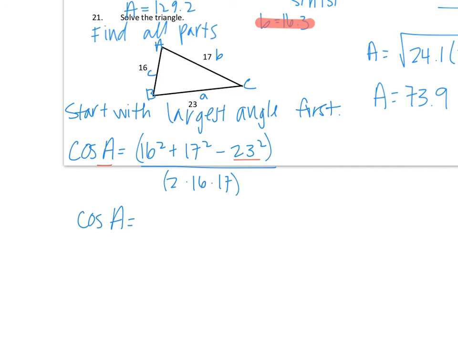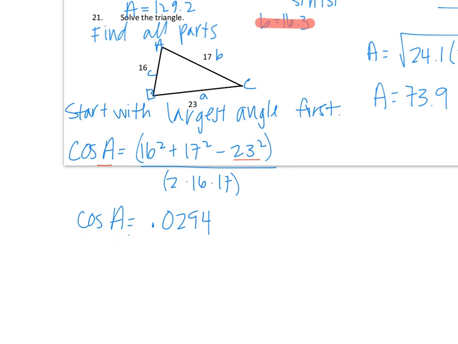All right, 16 squared plus 17 squared minus 23 squared divided by 2 times 16 times 17. And I got 0.029. Remember, if you get a trig function equals a number, we got to go at least 3 decimals, and I'm even going 4 right now, just for fun.